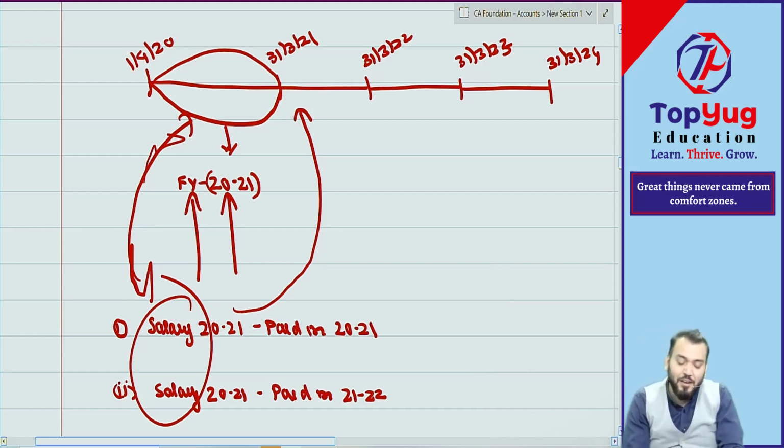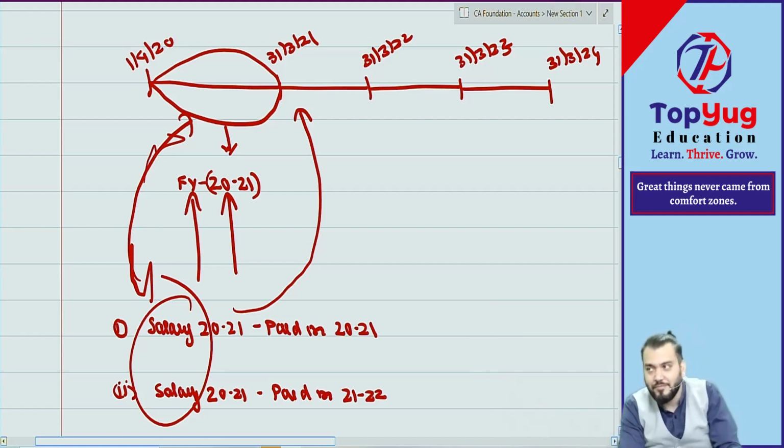Then I gave two examples to you. The salary of 2021 paid in 2021 will be recorded in which year? In this, no doubt, it will be recorded in 2021. Now my next question was salary of 2021 paid in 2021-22. It will be recorded in which year? How many are saying 2021?